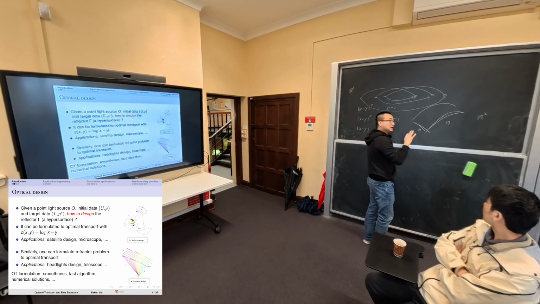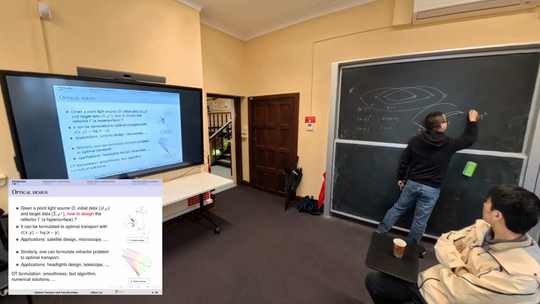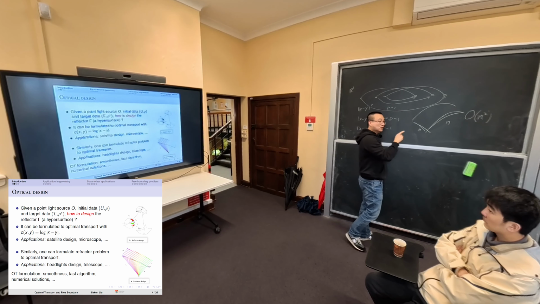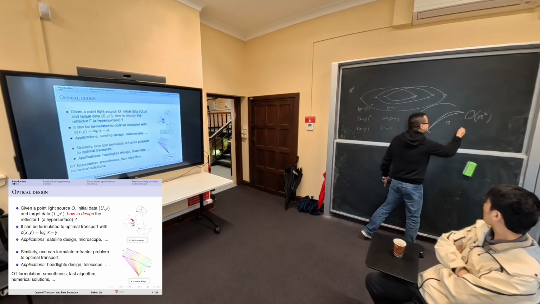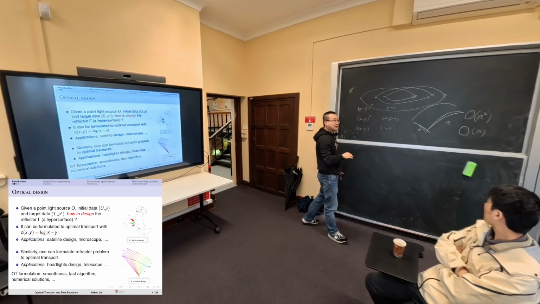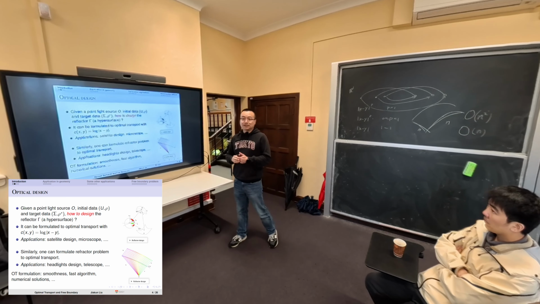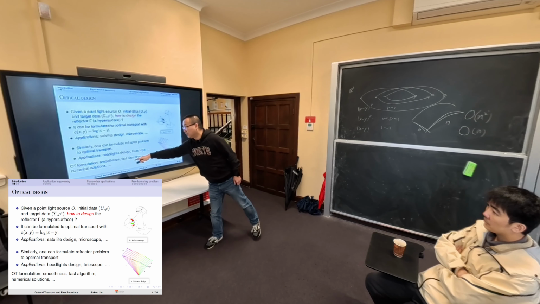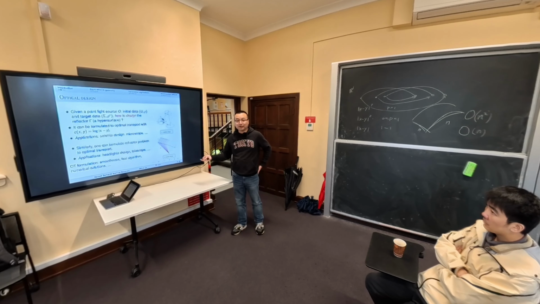So if you use a traditional method to calculate the curvature of each mirror, the complexity of computation will be big O n square. But by formulating into optimal transport, it becomes big O n. So that's a big improvement, okay? So that's why people are very curious how to change the formulation into optimal transport, okay? So similarly, we can talk about numerical approximation and design different kinds of algorithms, okay?